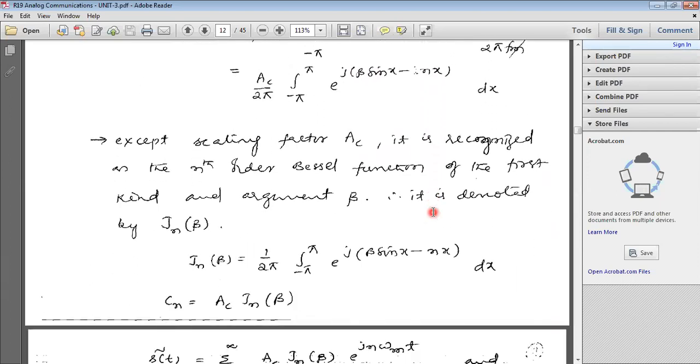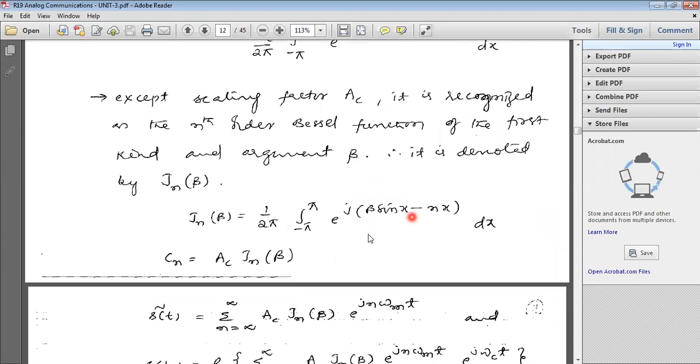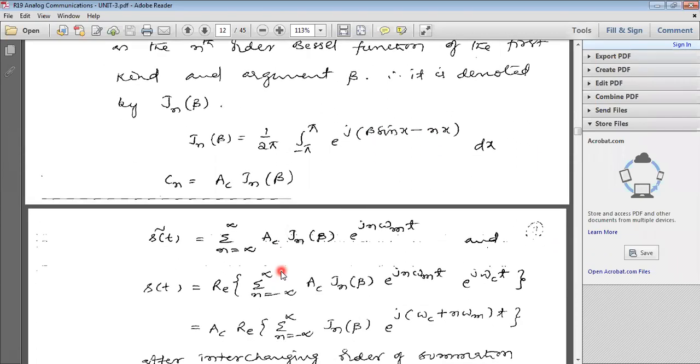So our Cn becomes AC into Jn beta. After getting the Cn value, we substitute it in the envelope of S of t. Therefore it becomes sigma n equal to minus infinity to infinity AC into Jn beta into e power jn omega mt.